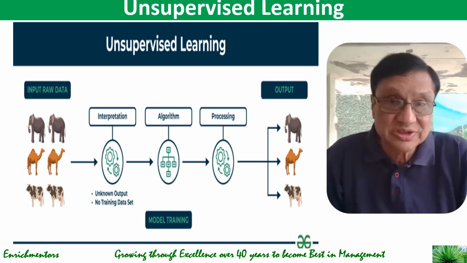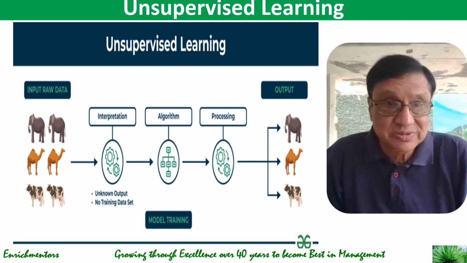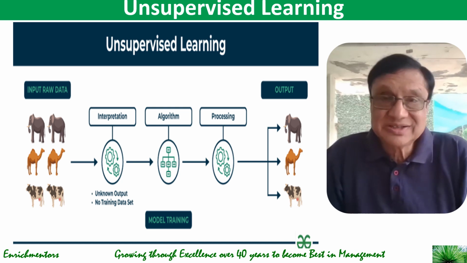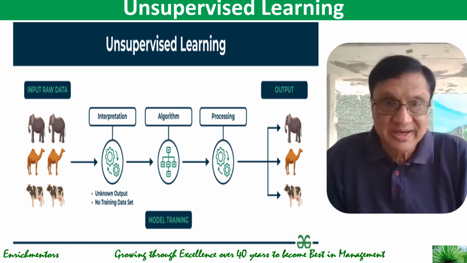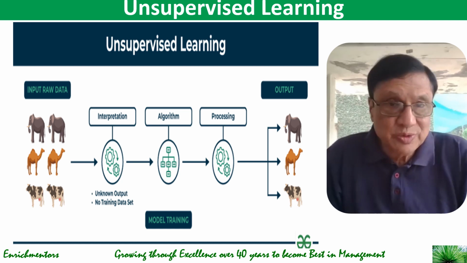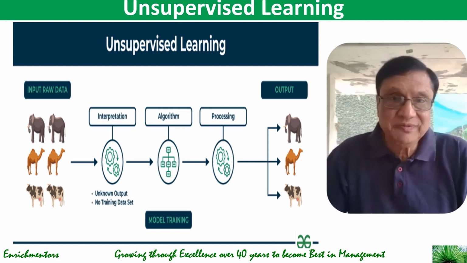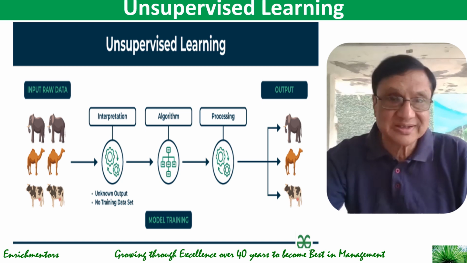Then there is dimensionality reduction, reducing the number of features or variables while preserving the essential information of the data. Techniques using dimensionality reduction include principal component analysis and t-distributed stochastic neighbor embedding. So these are some of the unsupervised learning tasks that you can use.